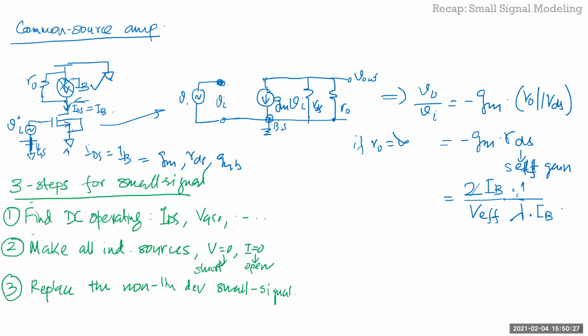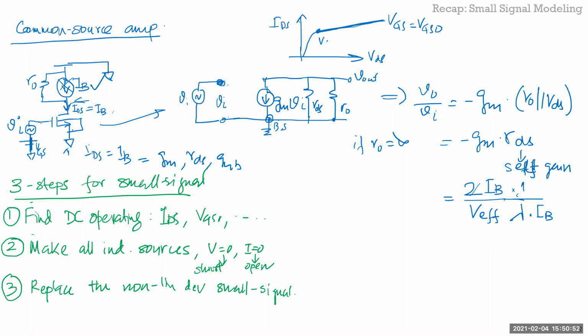Now, some people use this as ID, some people will use it as ID sat, but they're very close. So this is the VDS versus IDS curve for a given VGS equal to VGS 0. Now, if this is completely linear, you can predict the point here.